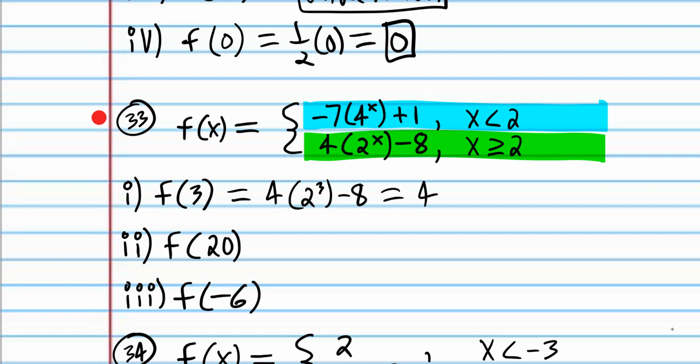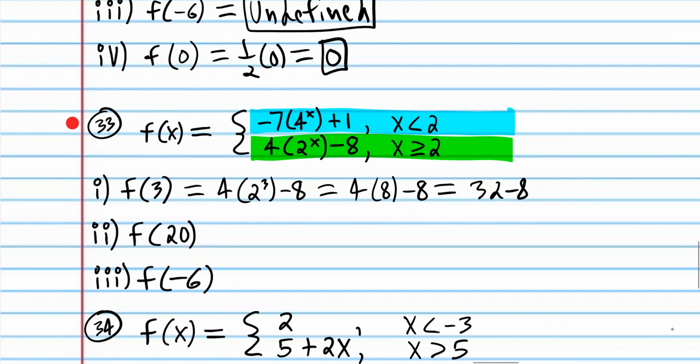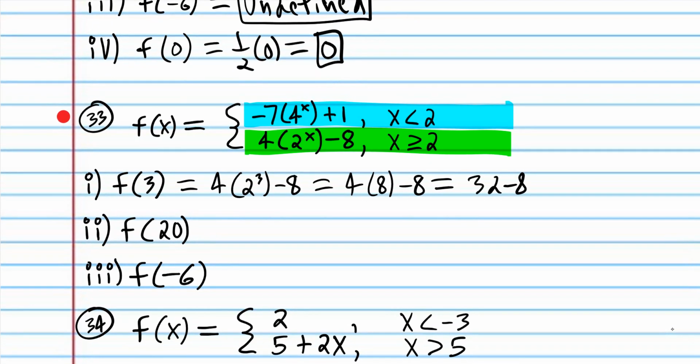So we have 4 times 8 minus 8, which is 32 minus 8. And 32 minus 8 is going to be equal to 24.